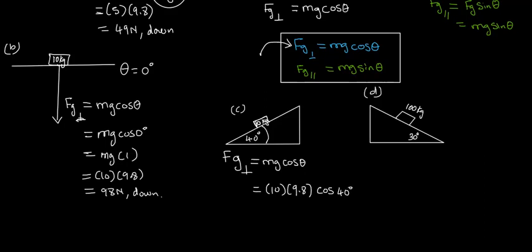Then you can take your calculator and do that, and your calculator should be giving you something like 75.07 newtons, and that is down, perpendicular to the surface.